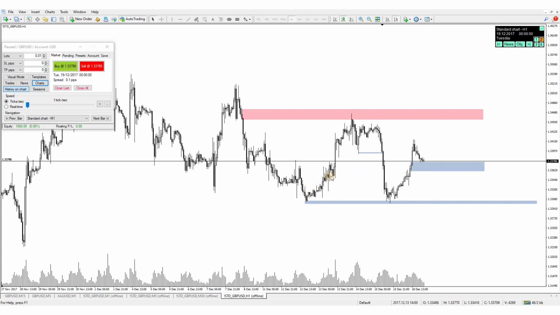We have here the compression, not into a zone, maybe here was kind of a supply, but this here was a support and it was broken. So I see that here must be a lot of sellers to break such an important level.